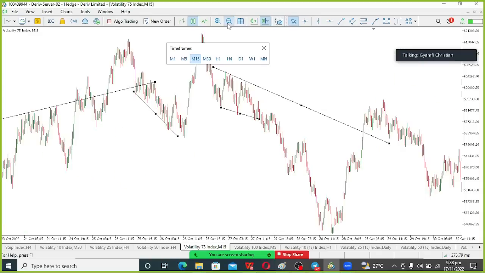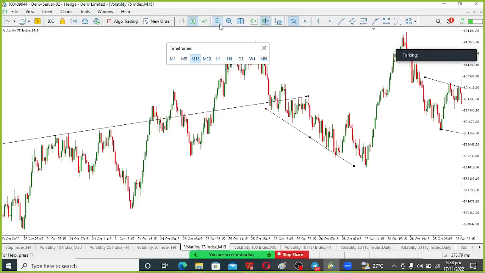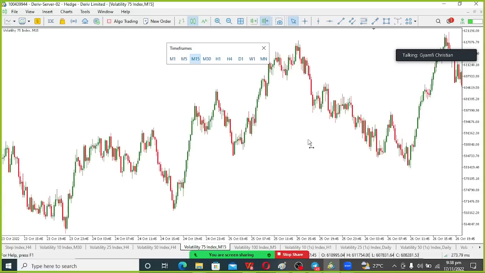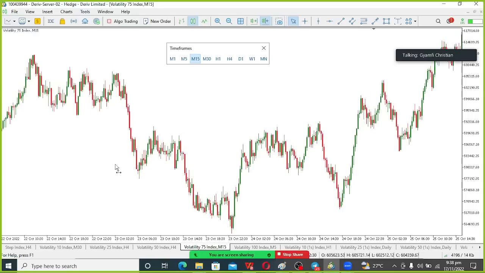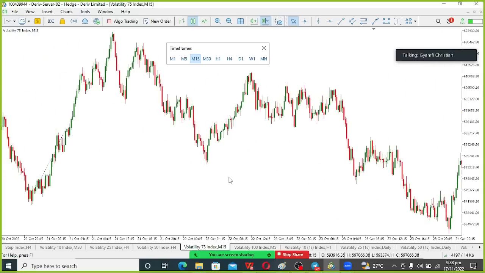That will determine where your major swing points would be. So if I want to cover just a smaller area, I can just focus on that particular area.